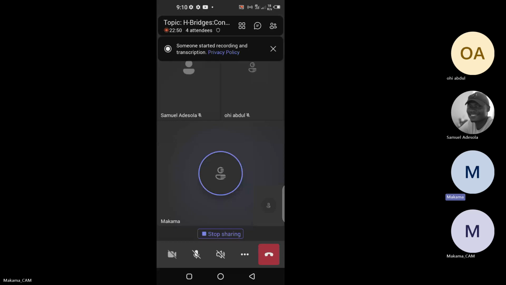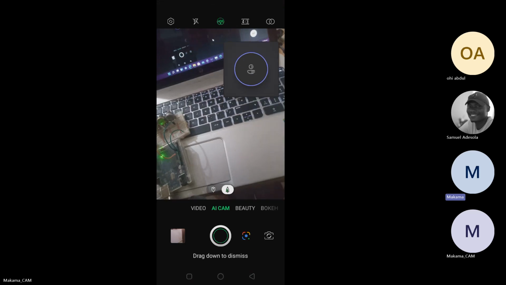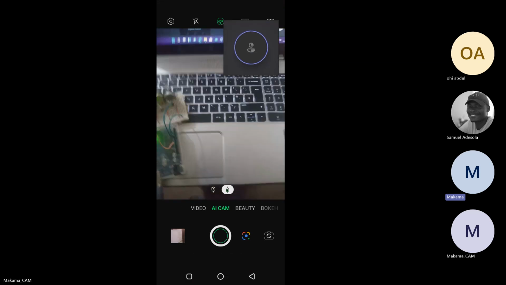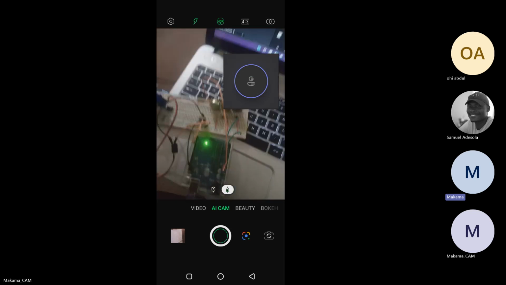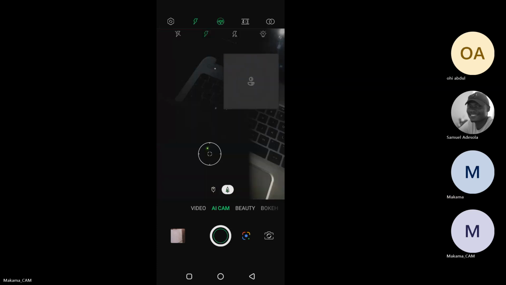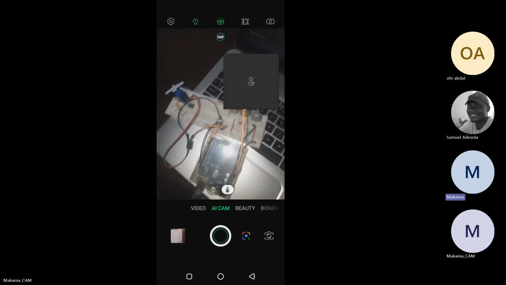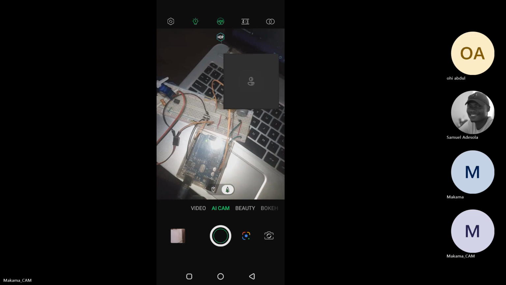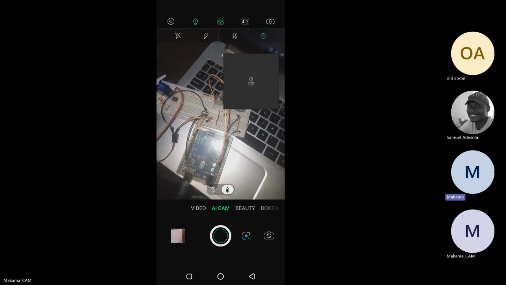Okay, yeah. My screen is not getting shared, and where's my camera? Then on my flash. Okay. Maybe the flashlight is... Let me try to turn it off.